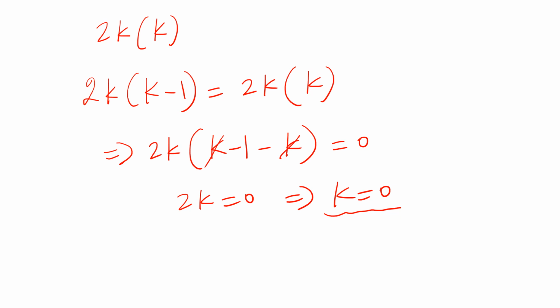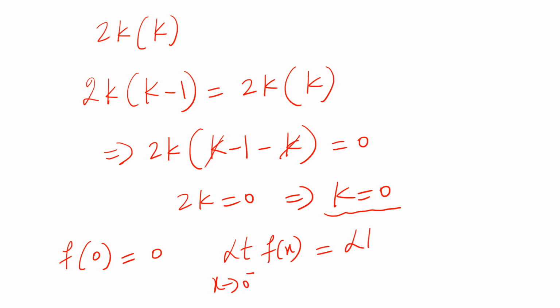Now students, we will find the value of the function f(x) at x = 0. From our previous discussion, we know that f(0) is equal to 0. So that means limit of f(x) as x tending to 0 minus is equal to limit of f(x) as x tending to 0 plus, which is further equal to f(0).